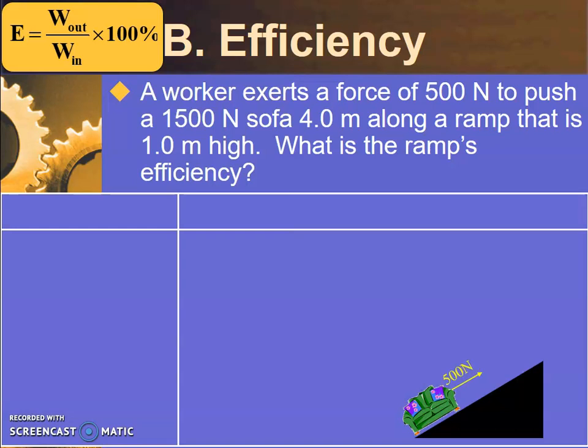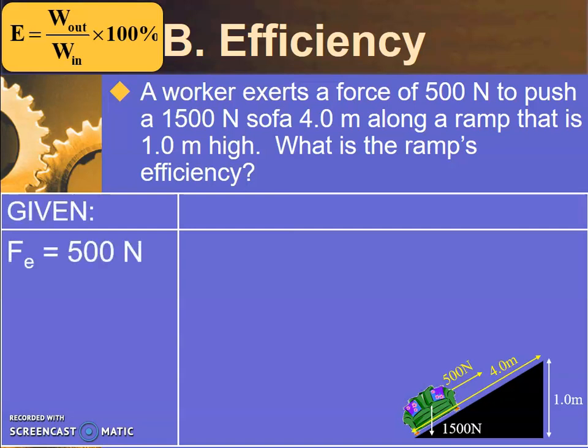The worker has to exert 500 newtons of force, so that's the human. And the sofa is 1500 newtons, so that's the machine's work. And we've got to go 4 meters for a height of 1 meter. Okay, so there's a nice picture diagram of what we're doing to sort of give us a visual representation.